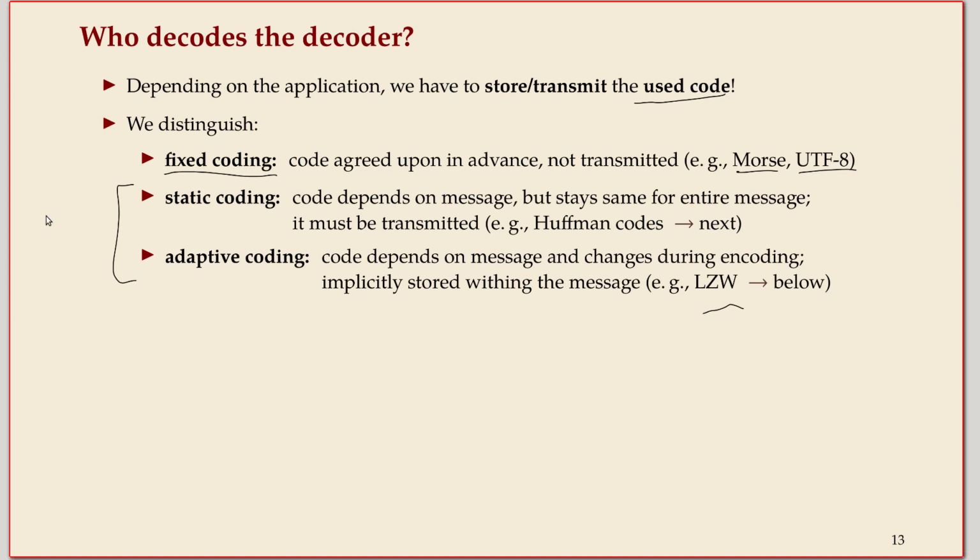But in those two cases, we have to transmit or store the code itself too. So if we compute the compression ratio, we should actually take the size of the code into account for these two.